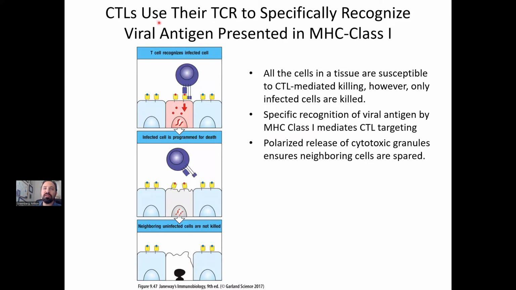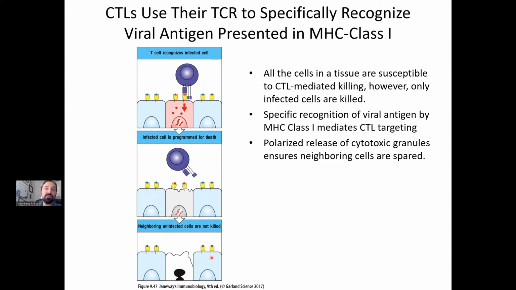So cytotoxic T lymphocytes use their T cell receptors to specifically recognize viral antigen presented in the context of MHC class 1. What this means is that they can specifically recognize cells that are infected with virus and select that cell for death, and the neighboring cells that are presenting self-antigen and not viral antigen in the context of MHC class 1 are spared.